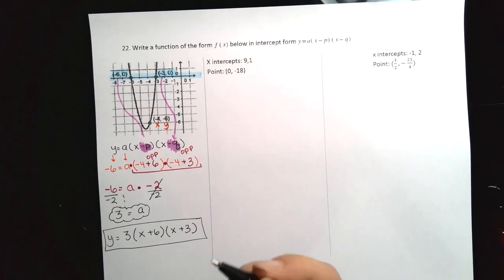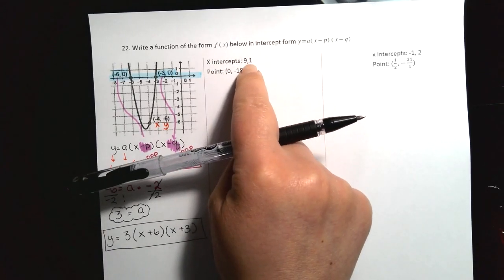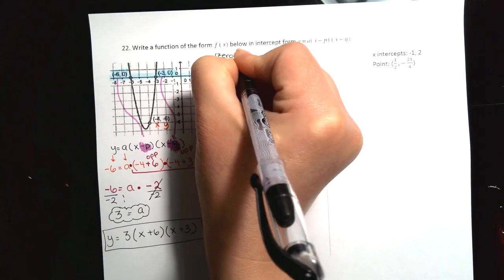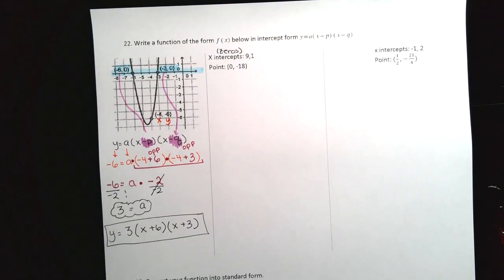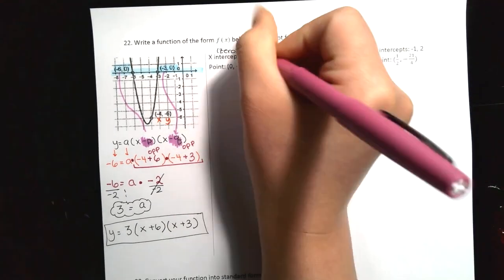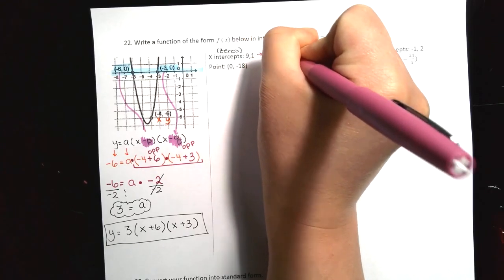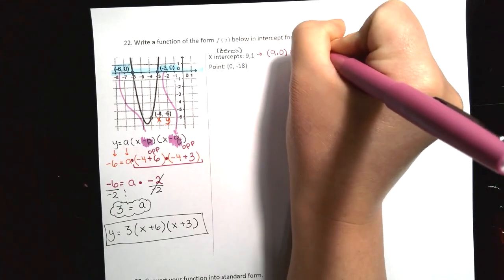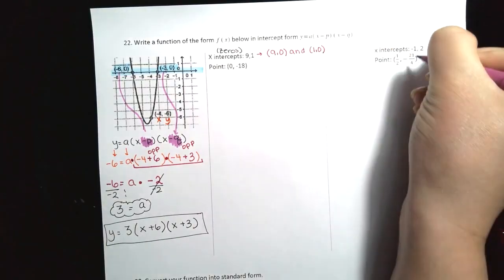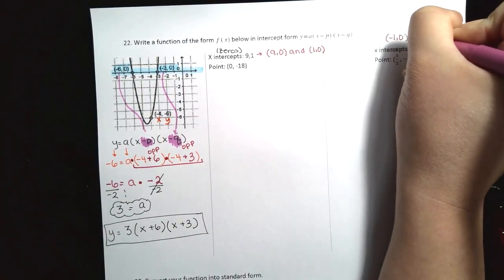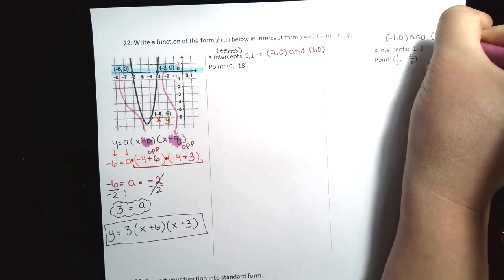Now, sometimes they'll do x-intercepts like this, or sometimes they'll even call them zeros. This is not a point. This is actually 2 points where they've given you an x-intercept at 9, 0 and 1, 0. Same thing here, x-intercepts, so negative 1, 0 and 2, 0.